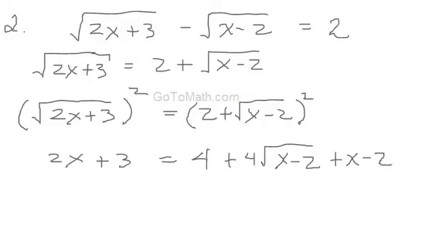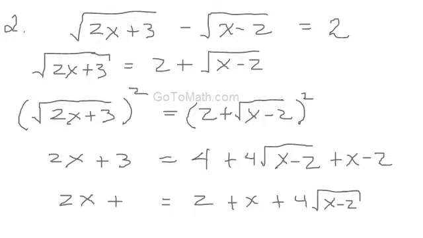So hopefully you were able to hang in there on those intermediate steps. And so now we have 4 minus 2, so that's going to give us 2 plus x plus 4 times the square root of x minus 2. And we have 2x plus 3. All right.